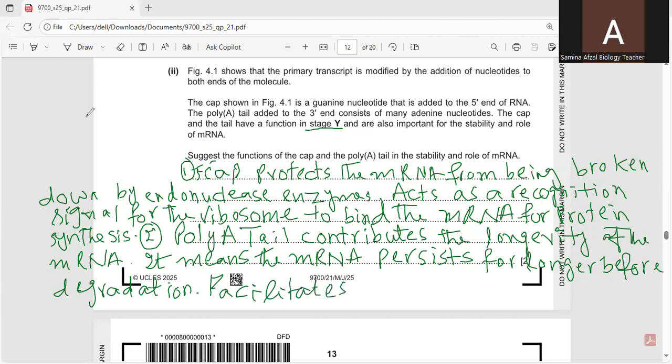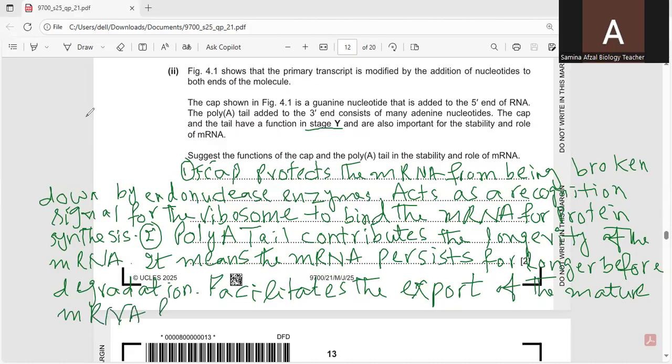It also facilitates the export of the mature messenger RNA from the nucleus to the cytoplasm.